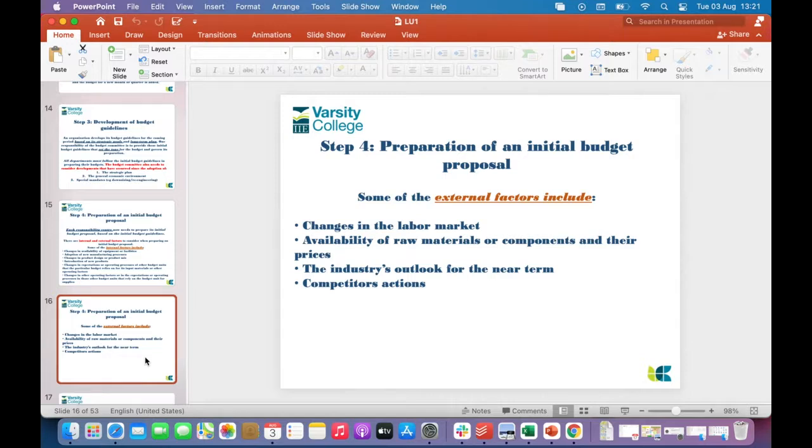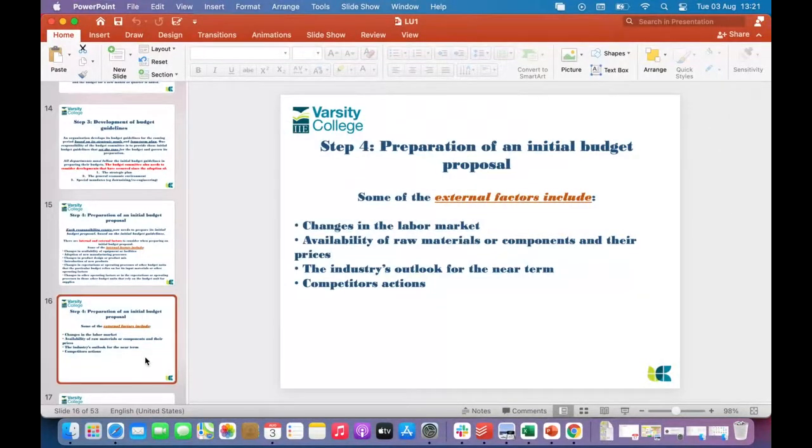Now, if that gold is no longer available, due to maybe mines shutting down or whatever else, then guess what? We need to incorporate those external factors and see how we can continue to operate our business efficiently. And as such, that's going to impact our financial budget.